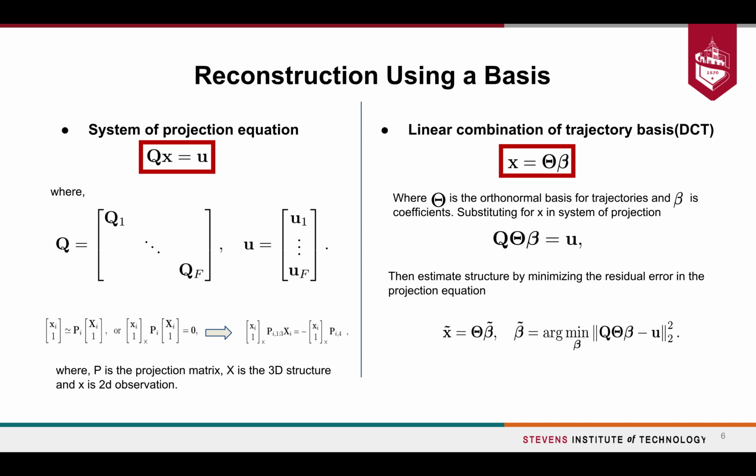Then they put this X, which is represented by the trajectory basis, into the projection system. Finally, they try to minimize the difference between the left side and the right side. By this, they try to get the structure.